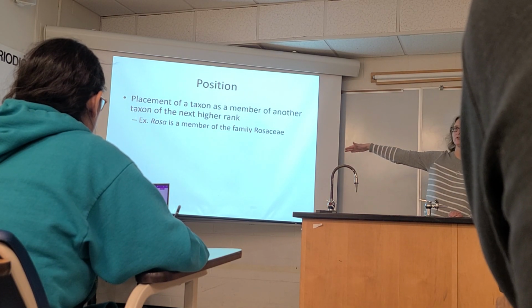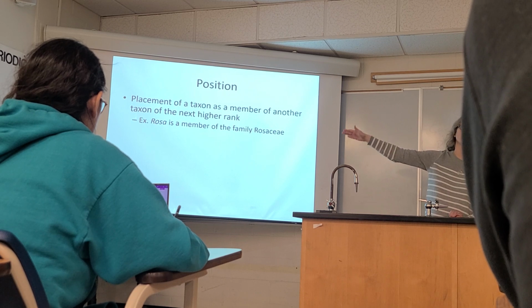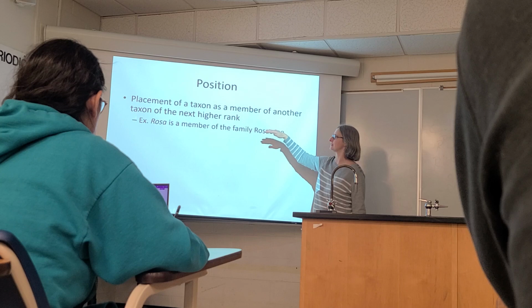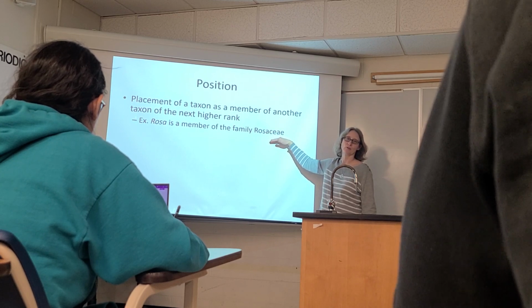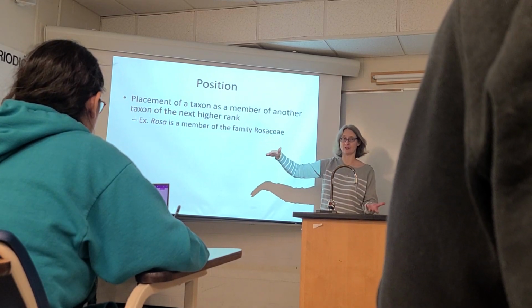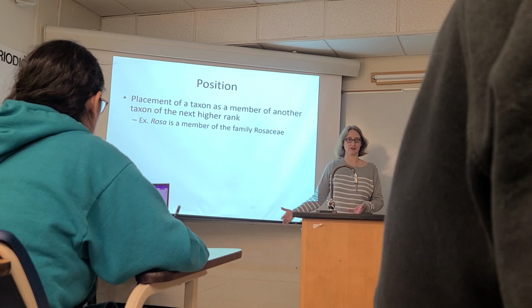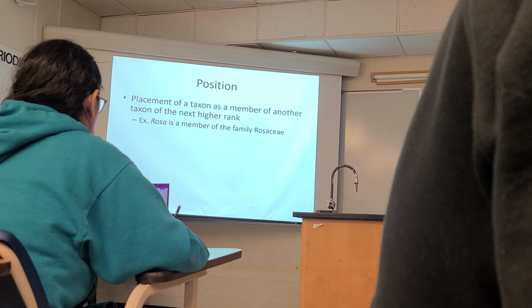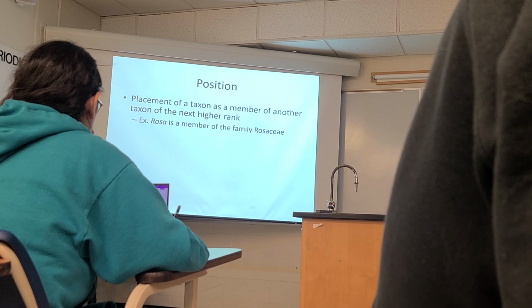Not Asteraceae, not Cyperaceae. That is its position. It is a genus that is in the family Rosaceae. Whereas Aster, for example, would be a genus that is in the family Asteraceae. That's its position. It's in a different family. Same rank, different family. So that's what we mean by position.